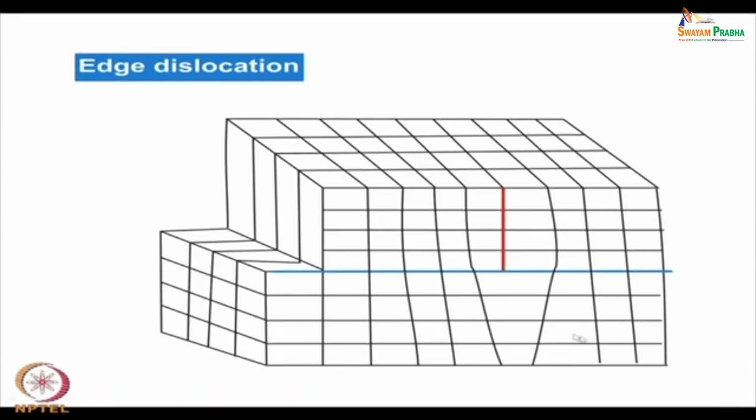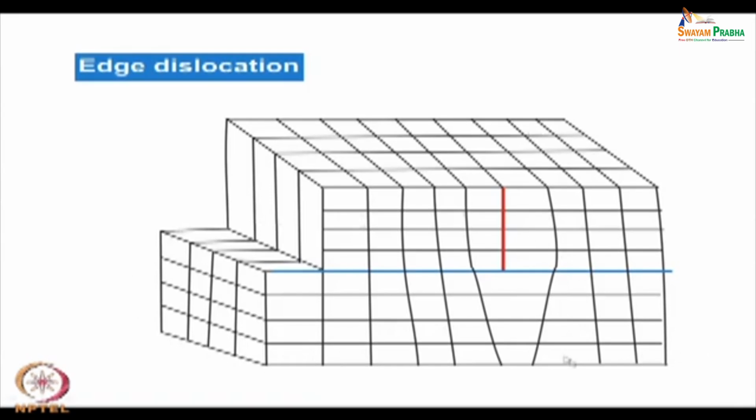Now, let us see, this is a volume of a crystal, and these grid lines are actually the planes of the atoms. On the intersections of the grid lines there are atoms. At each intersection, let us say there is an atom. So, we have a large number of horizontal planes, and also a large number of vertical planes on which the atoms are residing. Now, let us say we are trying to deform this crystal.